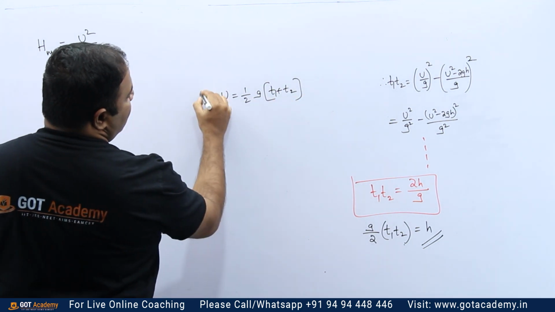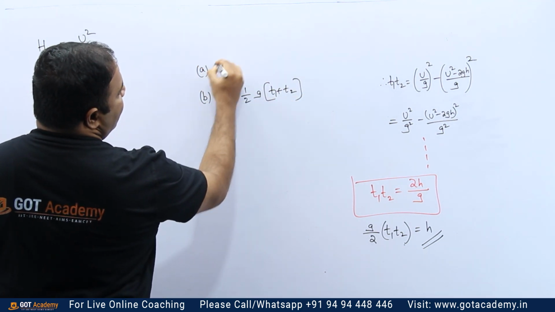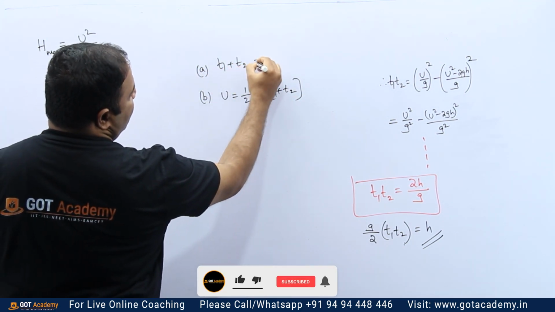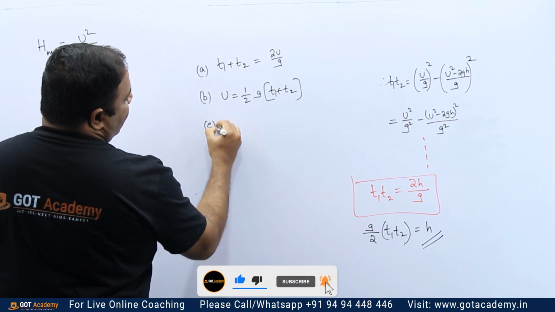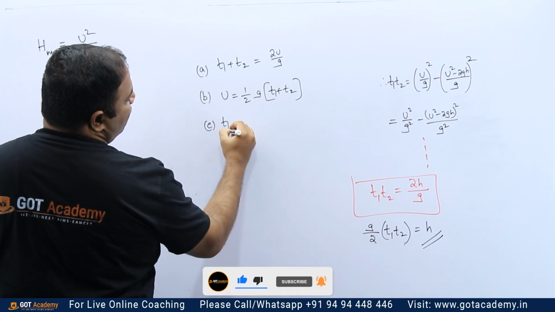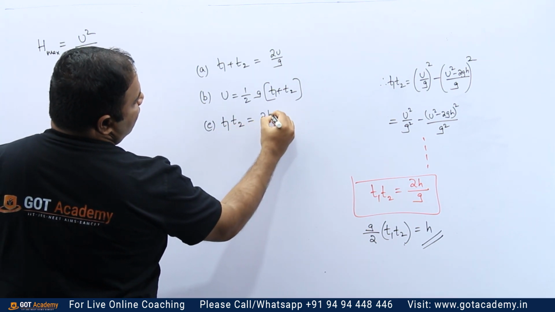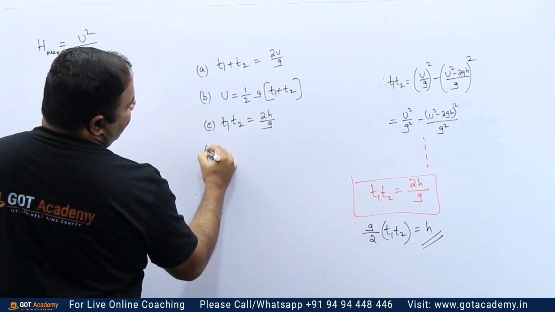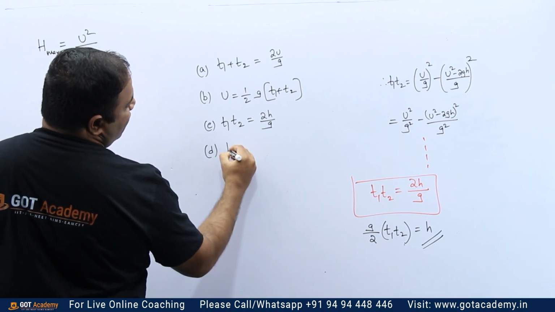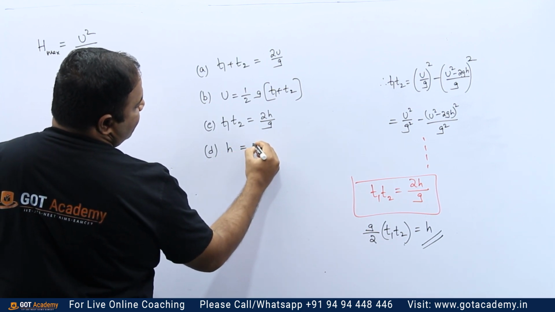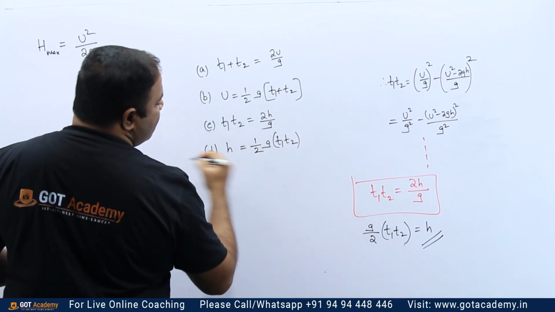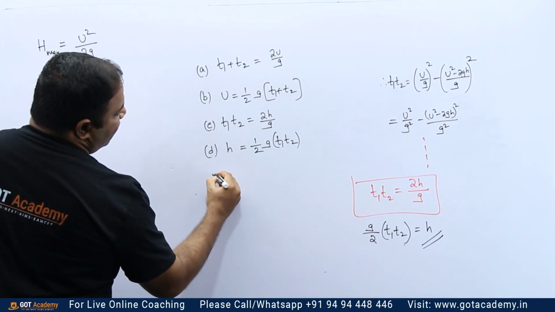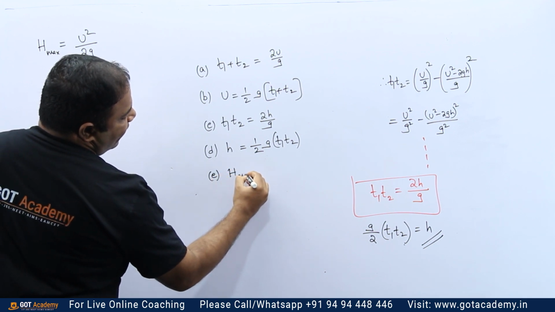This is case B. In case A, we found the sum of the roots, t1 plus t2 equals 2u by g. Next we found the product of the roots, t1 into t2, that is 2h by g. In the next case we found h is equal to half g t1 t2. These are the things we have found for today. And now the next one we are going to find is H max.